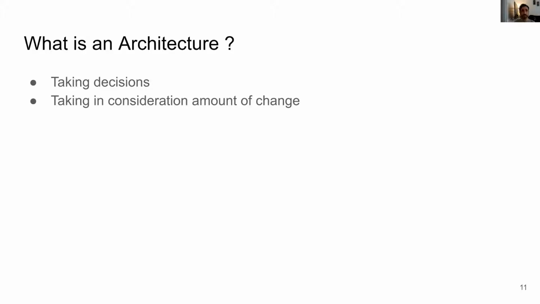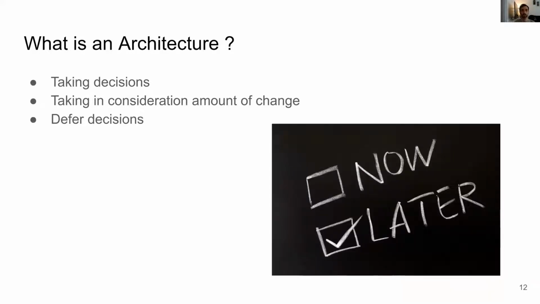And each decision has a cost. Okay, so each decision made a change, and this change has an amount. So to have a good architecture that doesn't cost a lot, you should defer the decisions. The more you defer your decisions, the better architecture you have.